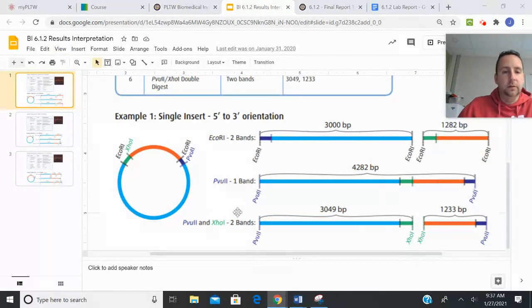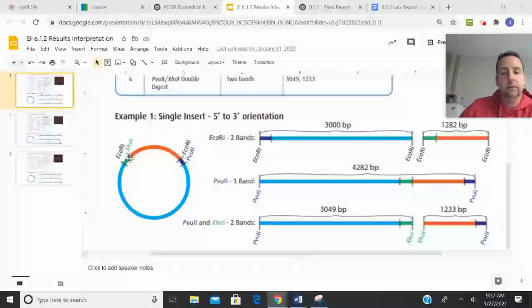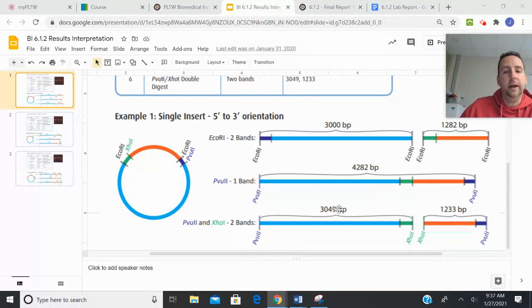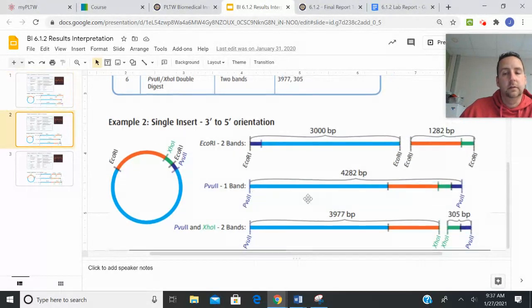So the PVU2 is going to cut here. All right, and that leaves one cut, and the XHO1 is going to cut here. And so it's going to be taking this 3,000 plus the 49 that's right here, and that leaves 1233 for the rest of it. If it's inserted backwards, okay, now the PVU2 cut goes all the way through most of the gene to the XHO1.